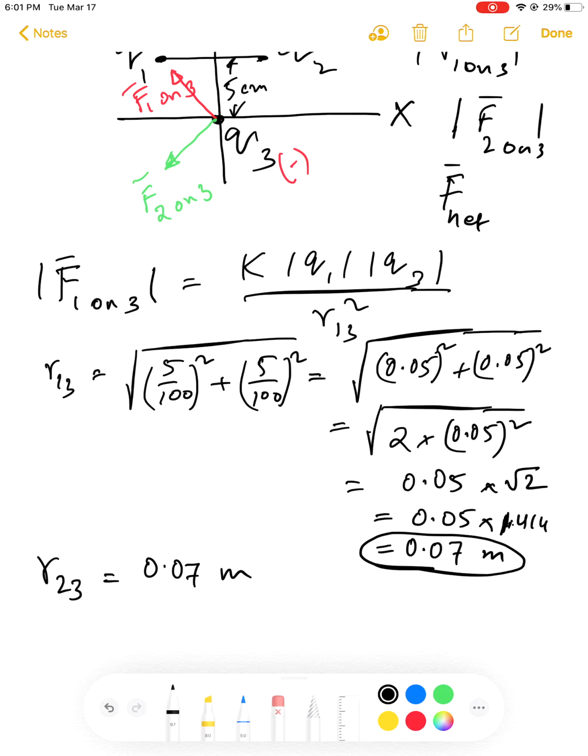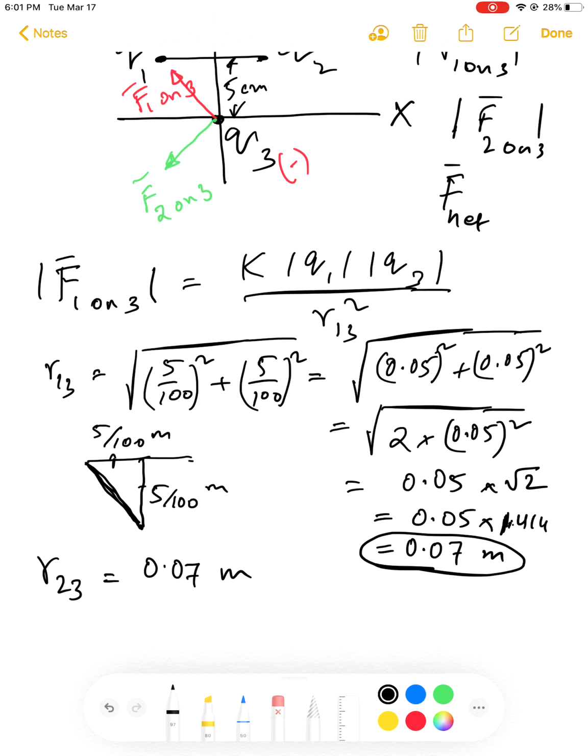The reason being, and how did we actually find this out, right? We had a right angle triangle. This is 5 centimeter or 5 by 100 meter. This is 5 centimeter or 5 by 100 meter. So to find this length, which is the hypotenuse, it's this square plus that square.